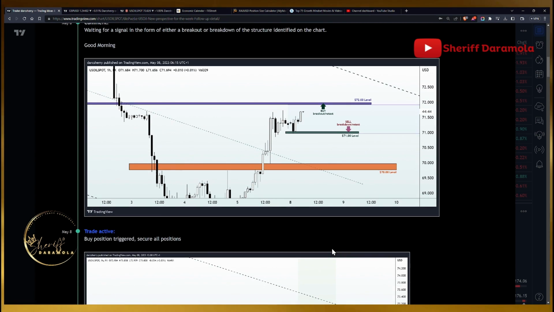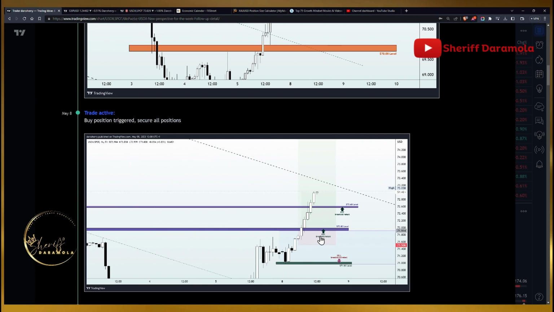So we had our first buy position at the breakout of that $72 area, which gave us about 150 on that one, as we rode the move all the way into the resistance line of that descending channel we identified on the 4 hours time frame. For those who don't know what I'm talking about regarding the descending channel, don't worry, we shall be talking about that in detail when we go back into the chart.